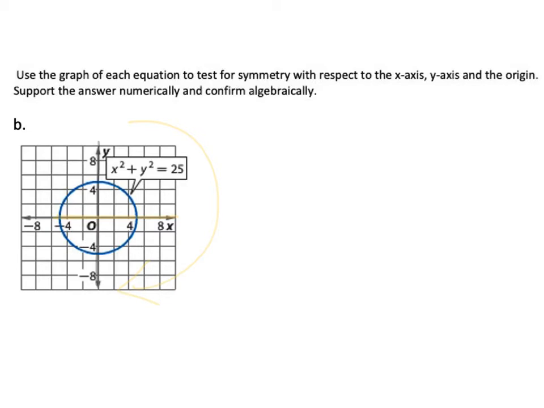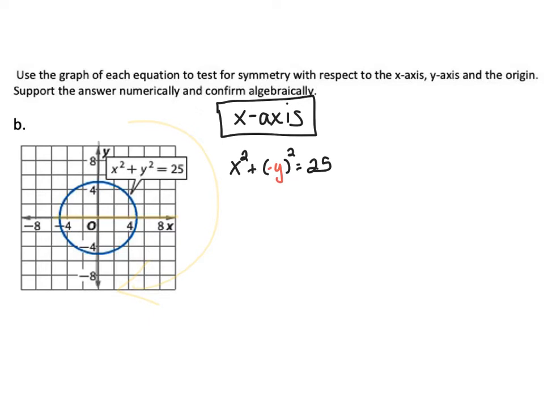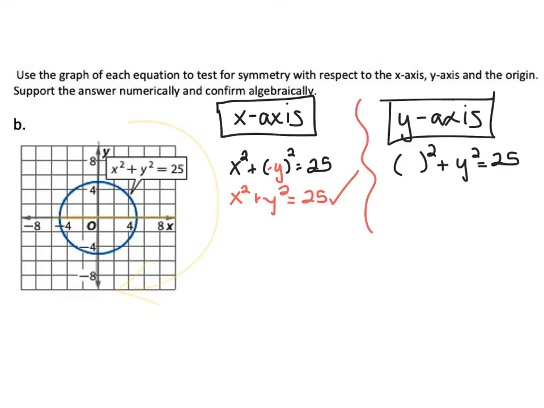To confirm this algebraically, for x-axis symmetry, I plug in the opposite letter, negative y for y, and when I square negative y, I get exactly what I started with. So I've got x-axis symmetry. To confirm symmetry with respect to the y-axis, I plug in negative x.